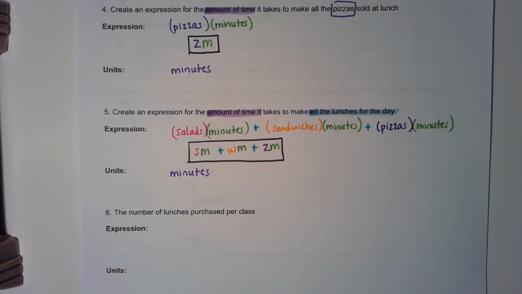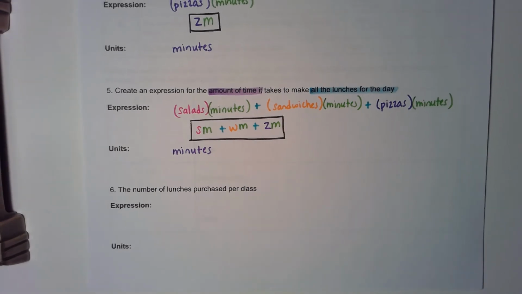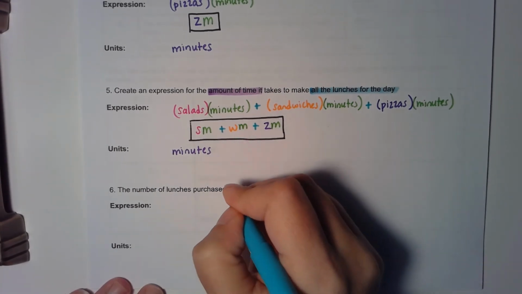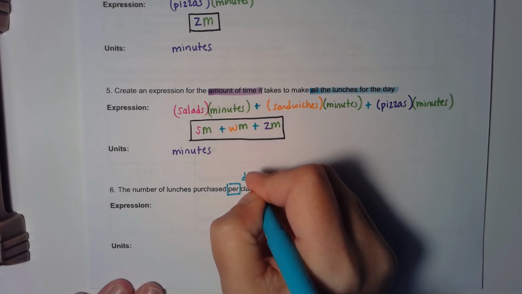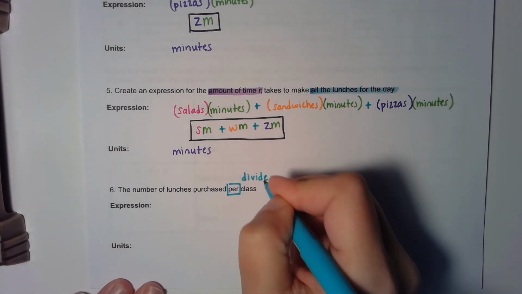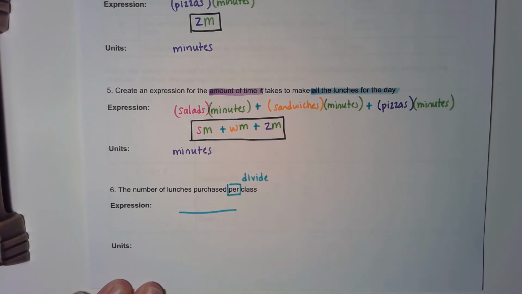Last but not least, number 6 says the number of lunches purchased per class. Now, it's really important here to realize that we used that math word per, which means divide. So we're going to be dividing in this problem.